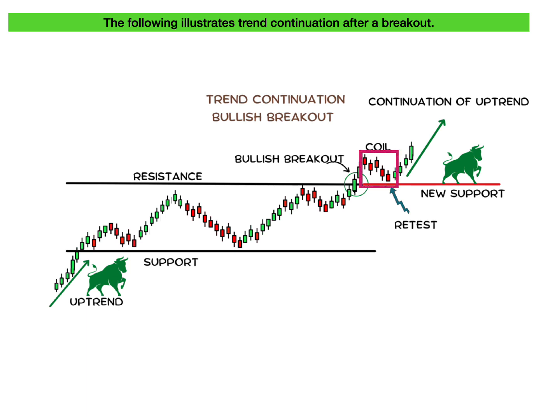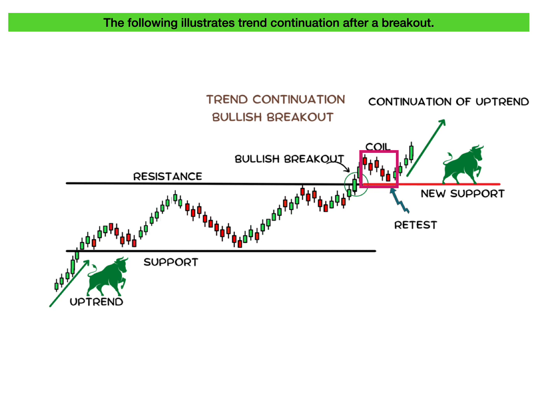The coil is this small box pattern here that formed after the bullish breakout. It is a short-term consolidation pattern that forms above the breakout point. A coil suppresses price. It creates enough energy to push price in the direction of the breakout once the coil is released.